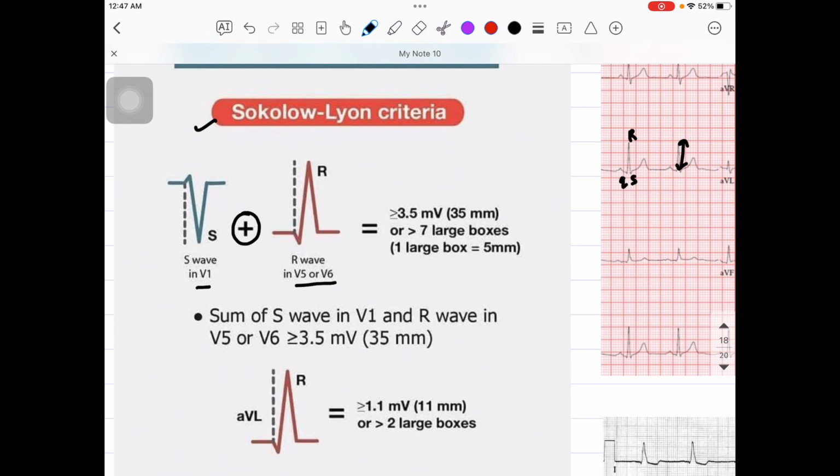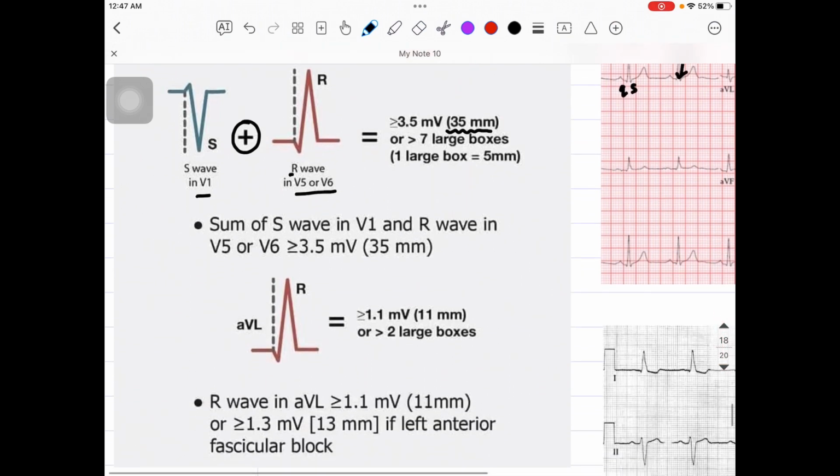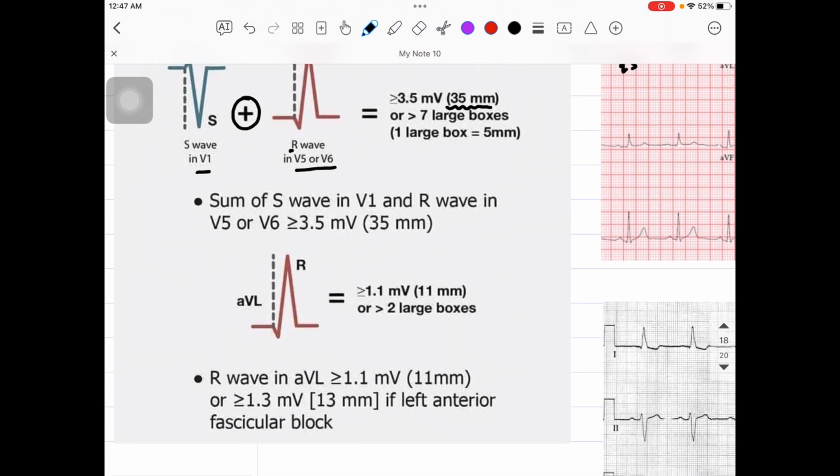If it is more than 35 mm, one large box carries 5 small boxes, that is 5 mm, so 35 small boxes or 35 mm, then we can say probably that the person has LVH, or left ventricular hypertrophy.